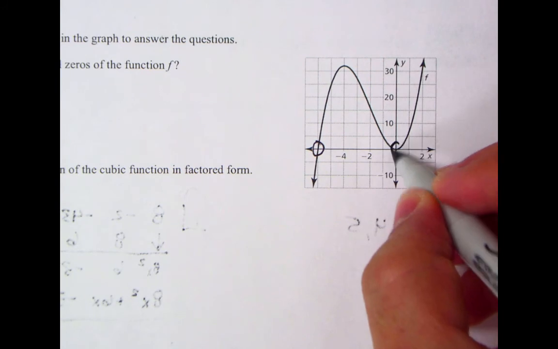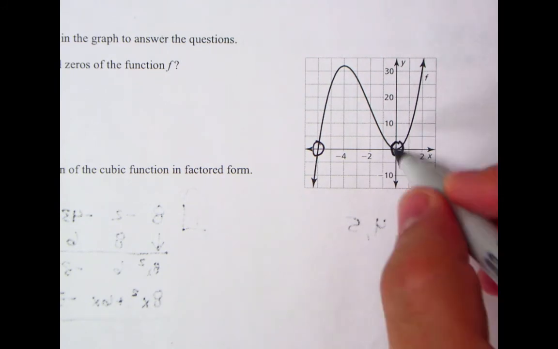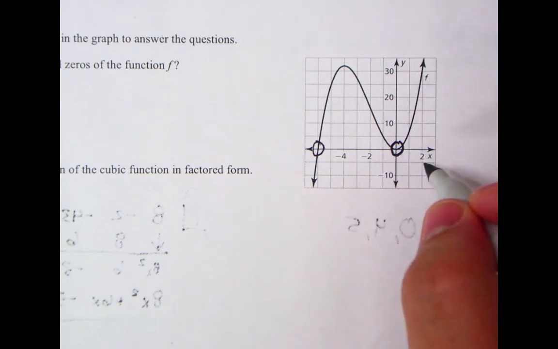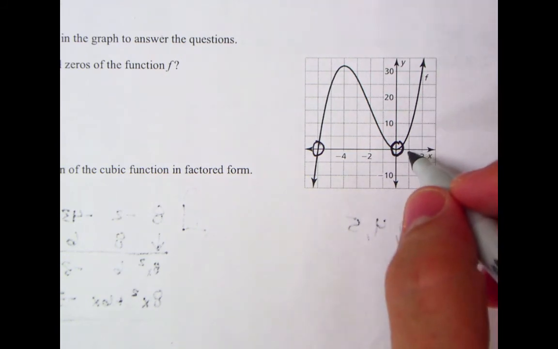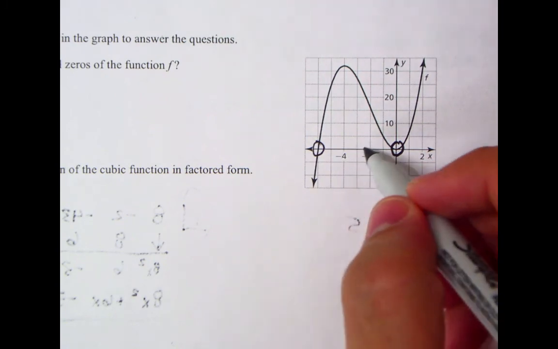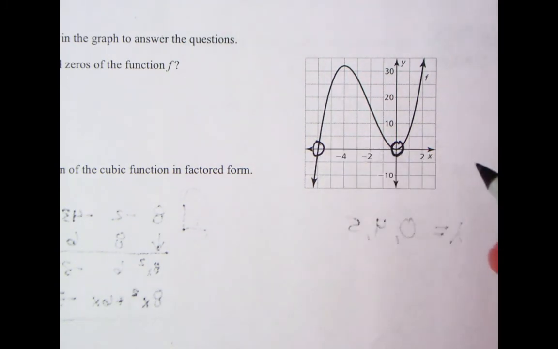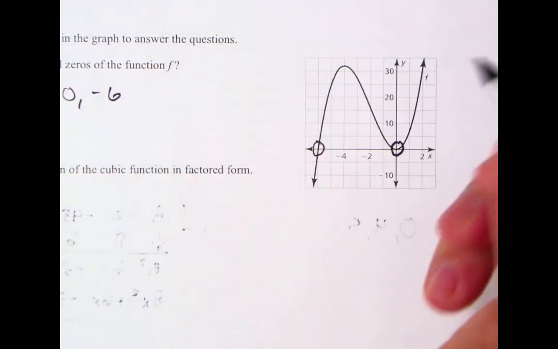And because this just sort of touches the x-axis there, that's going to take up two solutions. It touches right there. So it looks like it crosses at 0 and it crosses at -6. So my solutions are 0 and -6.